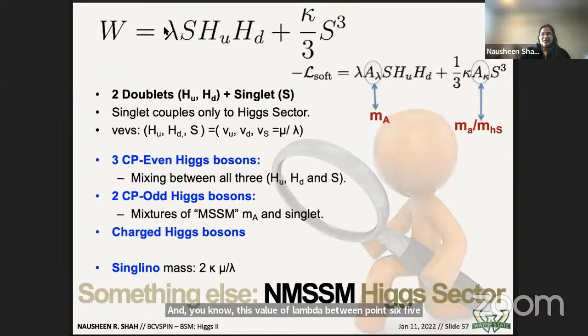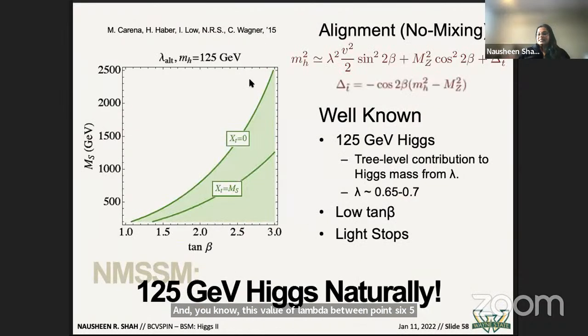Remember, this lambda is the coupling of the singlet to the Higgses. The singlet actually very nicely gives this additional contribution to the Higgs mass. Okay, so this is the mZ part, this is the lambda squared singlet additional part, and this is possible stop contributions again. So you very easily get the right Higgs mass of 125 GeV without necessarily large contributions from the stop sector.